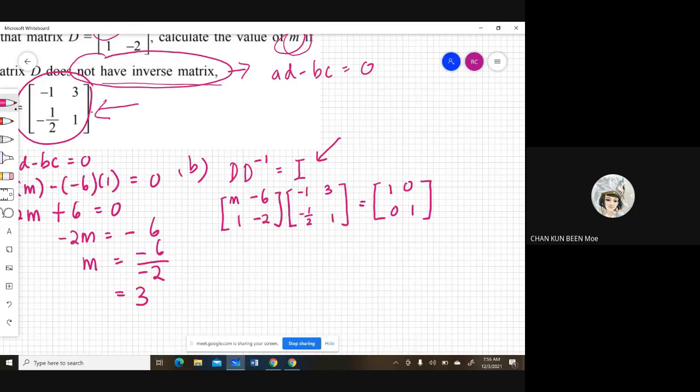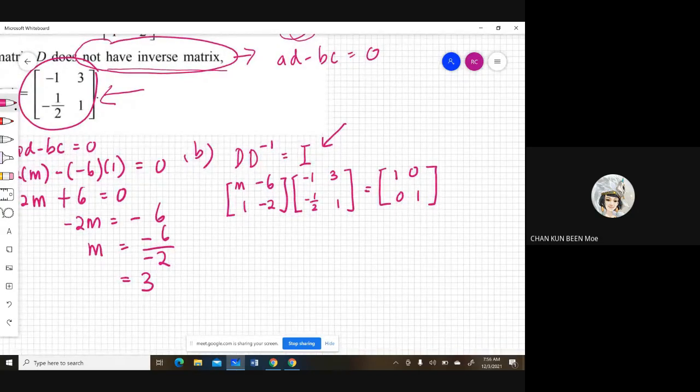Okay, and then from here, you are going to find out one by one, but then you just need to find out the one that involves M. You can see from here, the one that involves M. This times this is equal to 1. So M times -1 plus -6 times -1/2 is equal to 1.